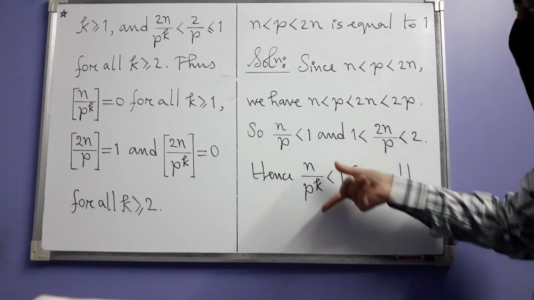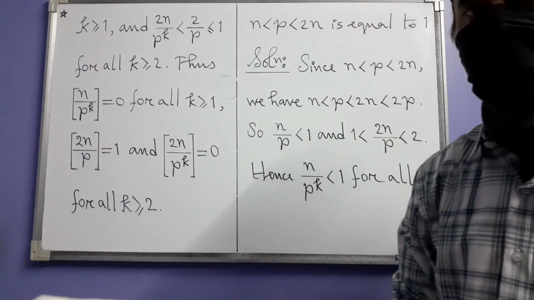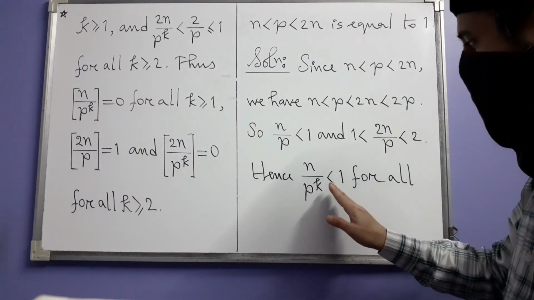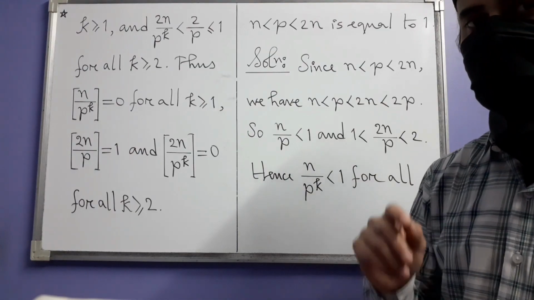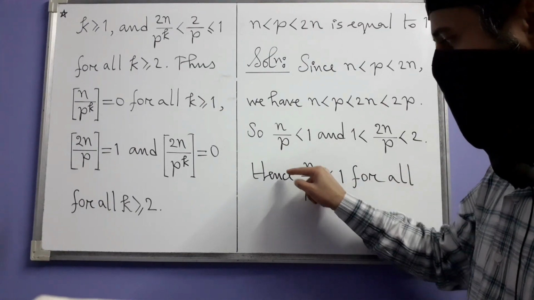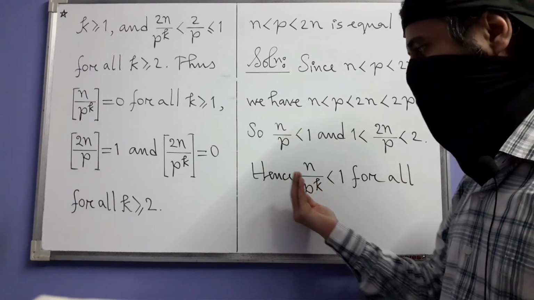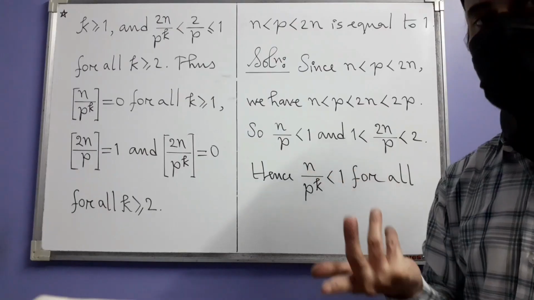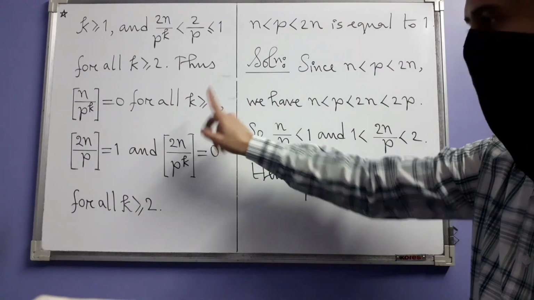And because of these things, these greatest integer values will be equal to 0. Because they are not just less than 1, greater than 0 also. So the greatest integer less than or equal to any one of them is the first integer that you encounter when you start moving left from this number, and that is 0. So that's why you are having 0 here for all k greater than or equal to 1.